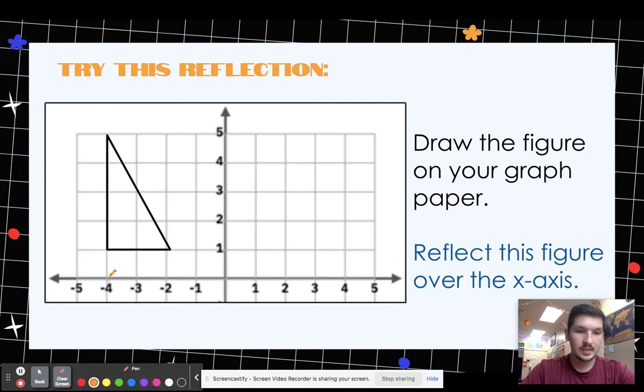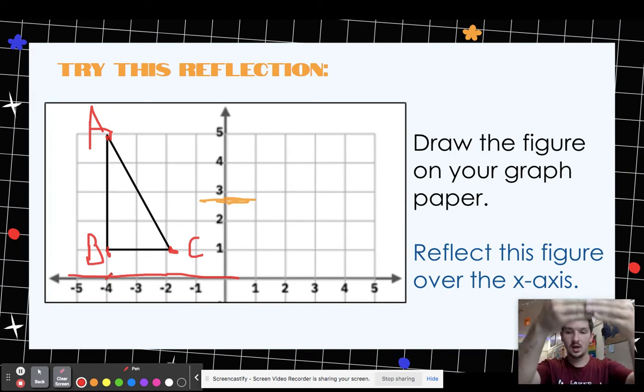In reality, what's going to happen is now instead of flipping over your y-axis, we're going to flip down over this x-axis, which means all of these vertices right here need to mirror over the x-axis. So let's say this is B, this is A, and this is C. We're going to count away from up. It's a mirror on top as it is below.